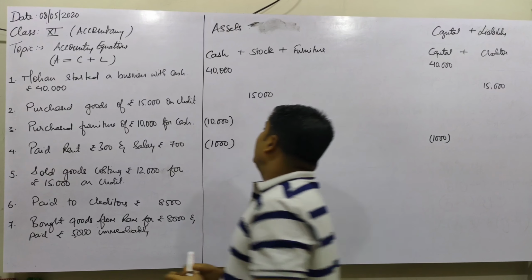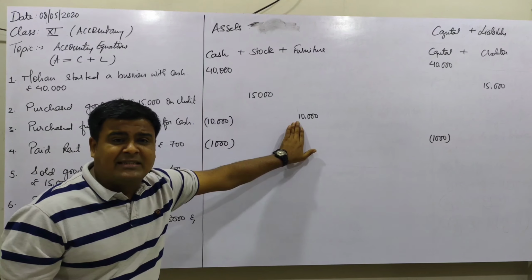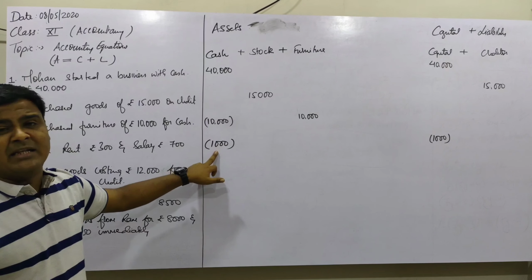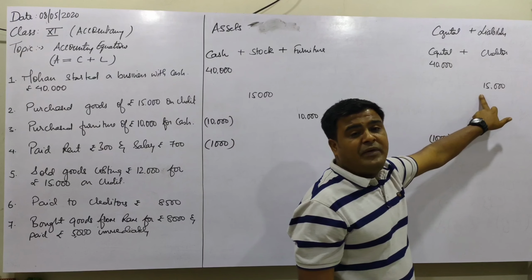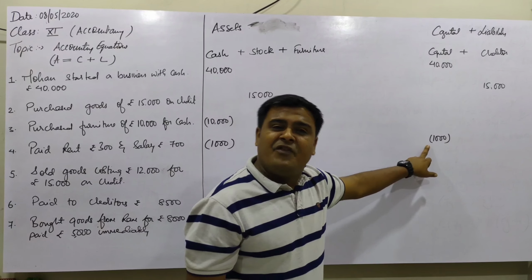Okay, so let us see the total now. 40 plus 15 is 55, 55 plus 10 is 65, 65 minus 10 is 55, 55 minus 1, that is 54,000. Here also 40 plus 15 is 55,000, 55,000 minus 1,000 is 54,000.